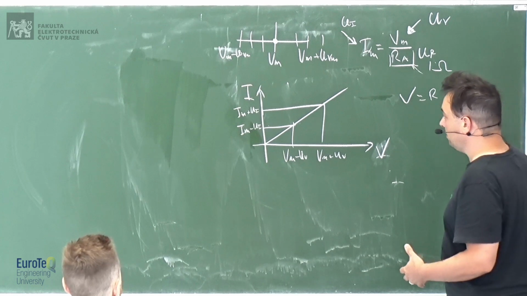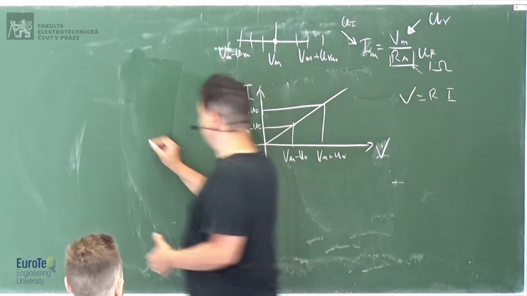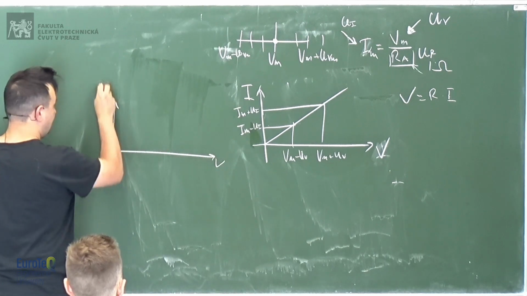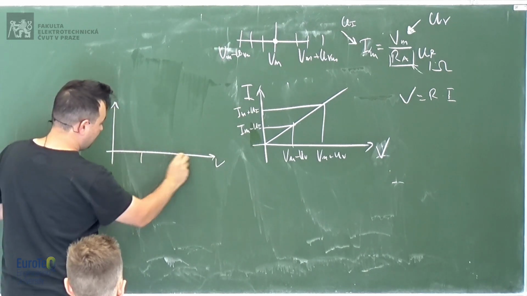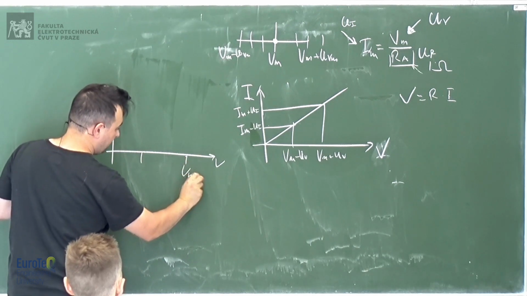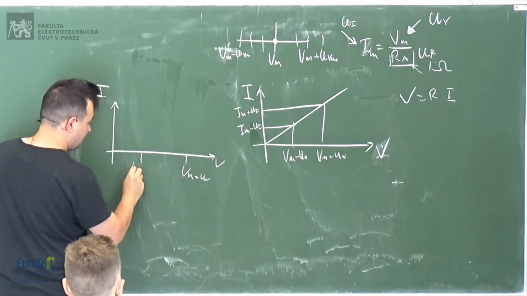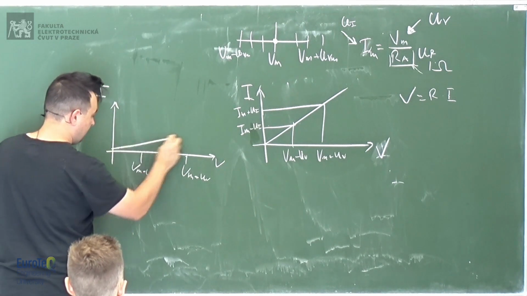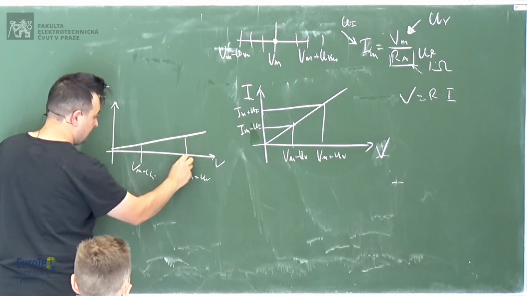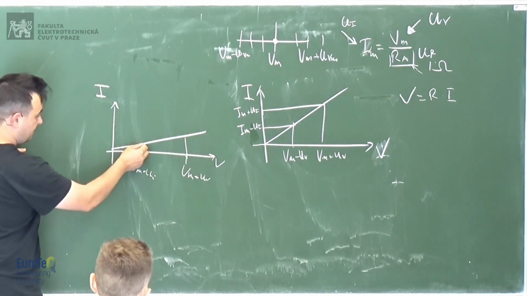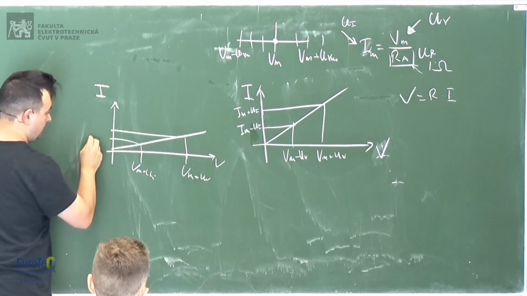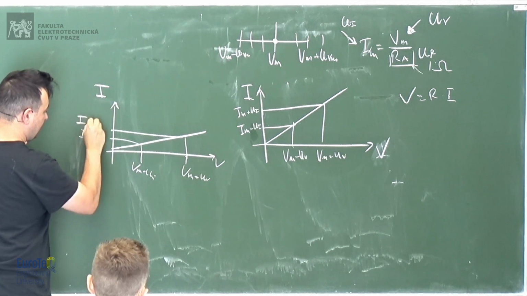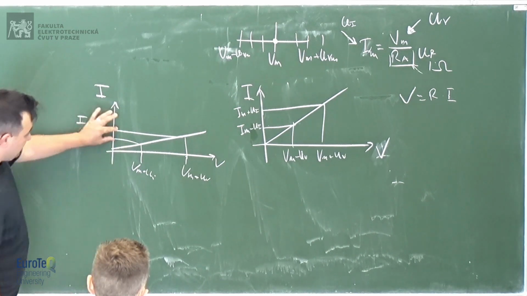So if this slope is different, let's say that I still have the same range of Vm plus uv and Vm minus uv, but the slope is different. In this case, I minus ui and I plus ui, this range is smaller.